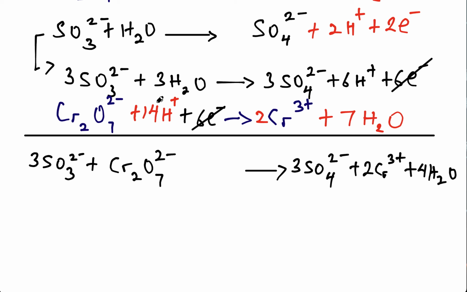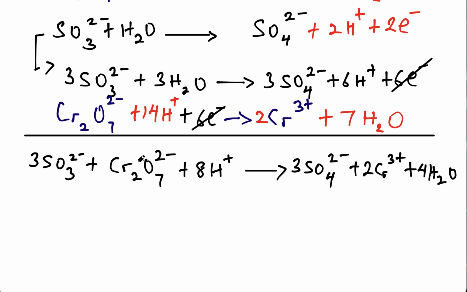We're done with water. Let's go to the hydrogen ion, H+. We have 14H+ here and we have 6H+ here. So this side has the higher H+ and this side has the lesser one. What is the difference? 14 minus 6 is 8, and that means on this side we have 8H+. And that is the net balanced ionic equation.